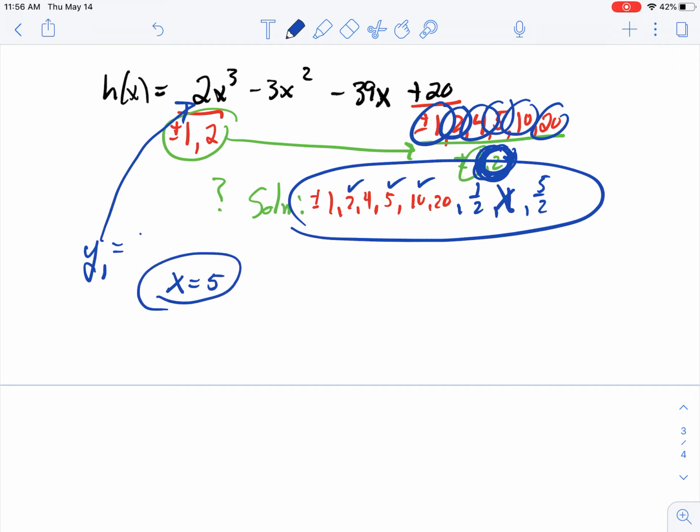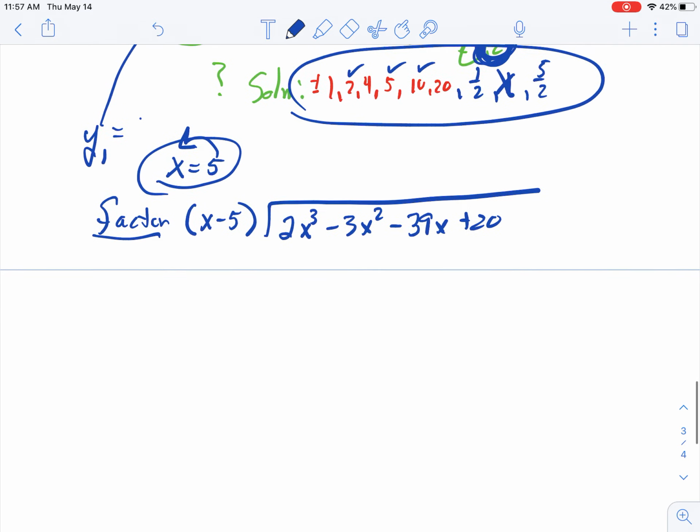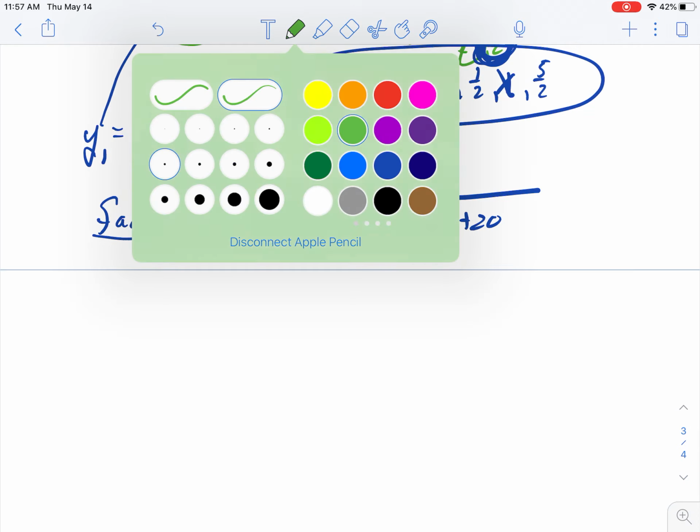So let's say x equals 5 is the one you plugged in first, which means my factor, moving the 5 over, is x minus 5. And I want to divide that factor into 2x cubed minus 3x squared minus 39x plus 20.